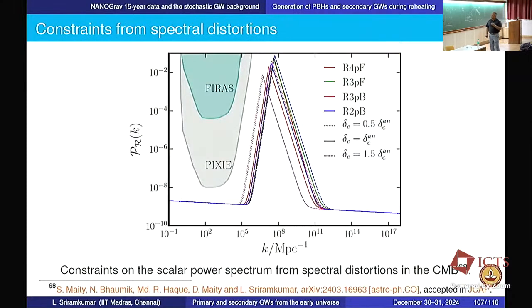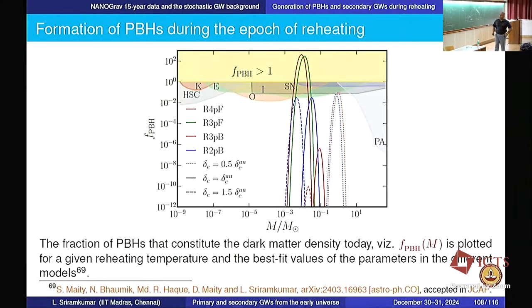And there are a couple of other points I want to mention here. I indicated how we ensured that the FPVH is consistent with the current constraints, and that is what you can look at. This one here, the solid one, which corresponds to delta C of 1.5 times the delta C analytical that I had indicated earlier, the R2PB.